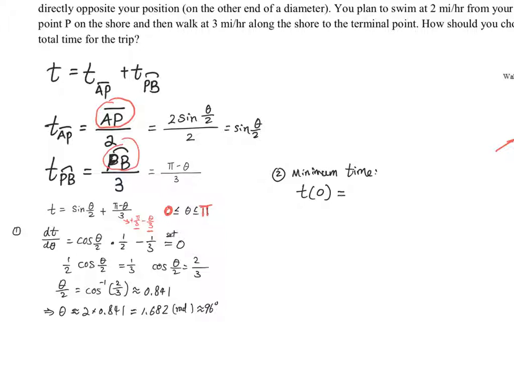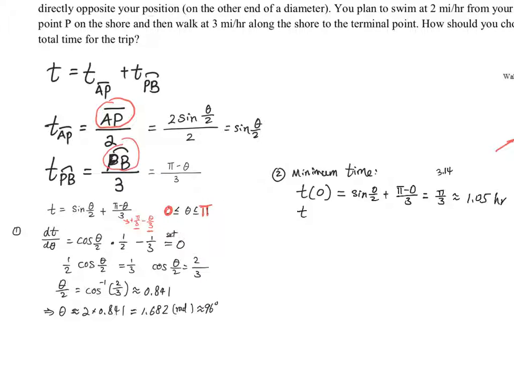So t of 0 is equal to, and where's our function t? T is right here, so plug in 0 into t. So it's sine 0 over 2 plus (pi minus 0) over 3. The answer is pi over 3. Pi is about 3.14, so if you do this algebra, it's close to 1.05 hours.